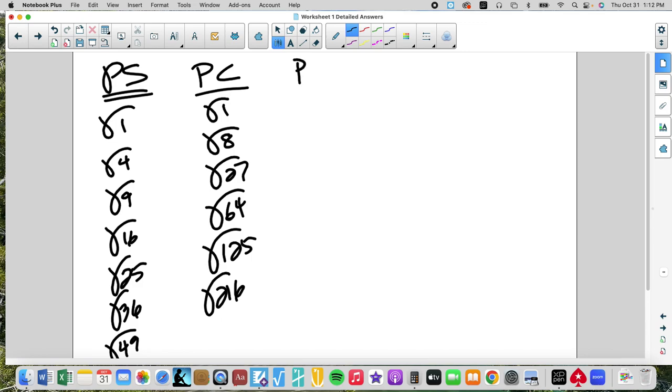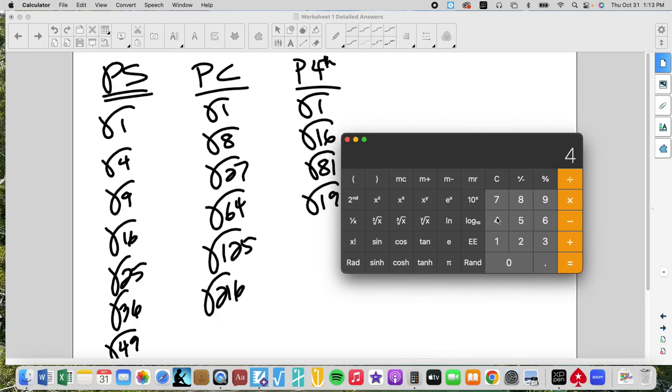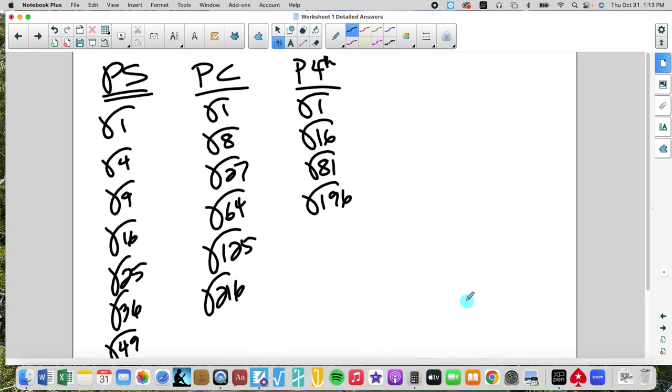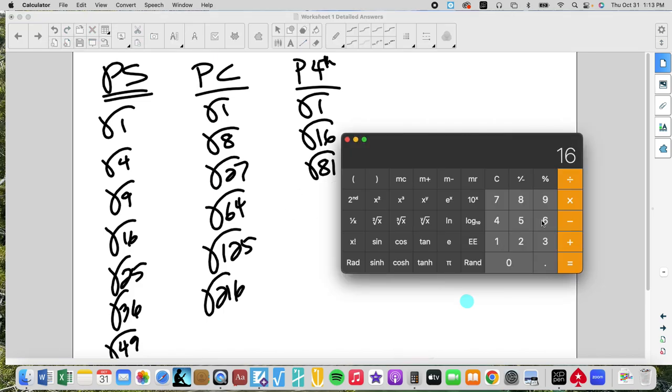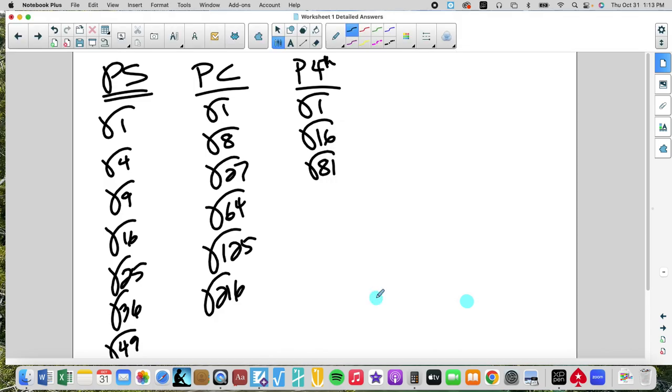And then perfect fourths are going to be 1, 16, 81, and then 196, I bet. 4 to the 4th power gives me 256, not even close. 16 squared, yeah, 256, my bad.